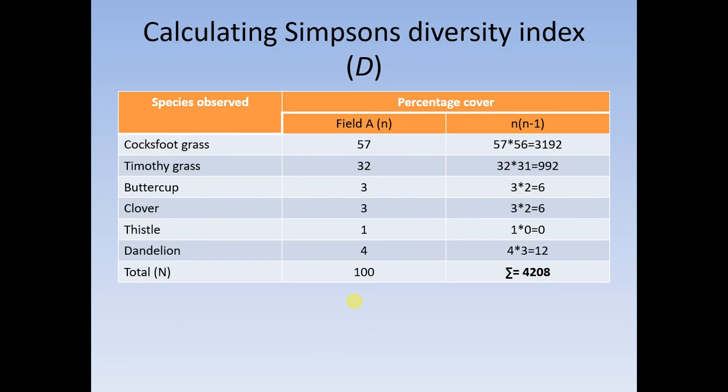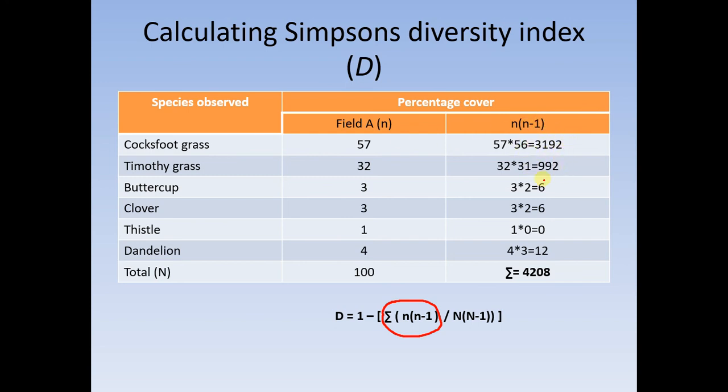All right, so first thing I'm going to do is figure out this part, which is the numerator of my quotient here: the sum of the quantity n times the quantity n minus 1. So here are the number of each species, lowercase n, and here is the total, 100, uppercase N. So for each species I do the number, 57, times that same number minus 1, 56.